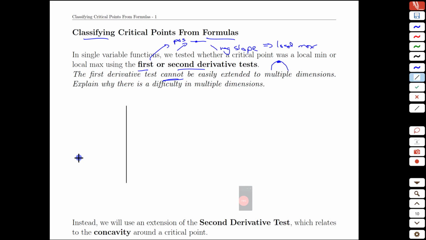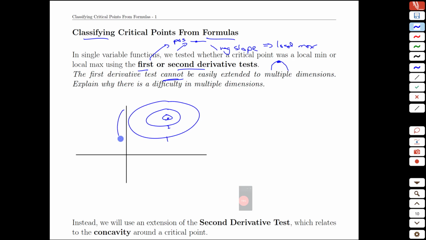Now, why is that? Well, if we imagine a contour diagram where we're going up, up, and up, and then maybe we have a saddle point like so at height 0, and then maybe it goes up again. If we have that kind of configuration, and we ask ourselves, can I identify whether the function goes up, then levels off, then goes down?